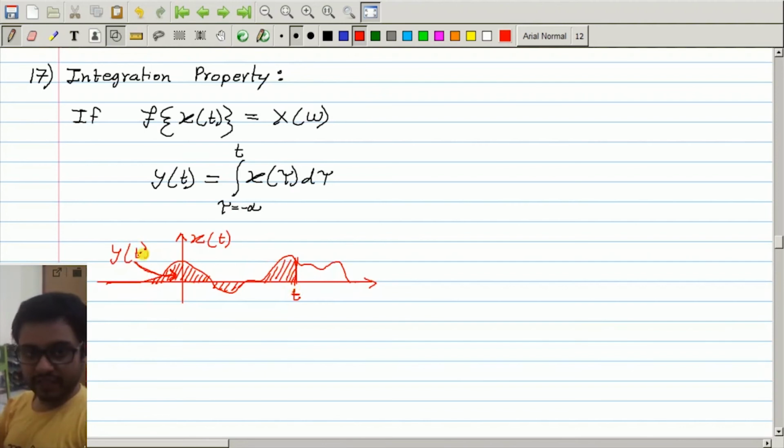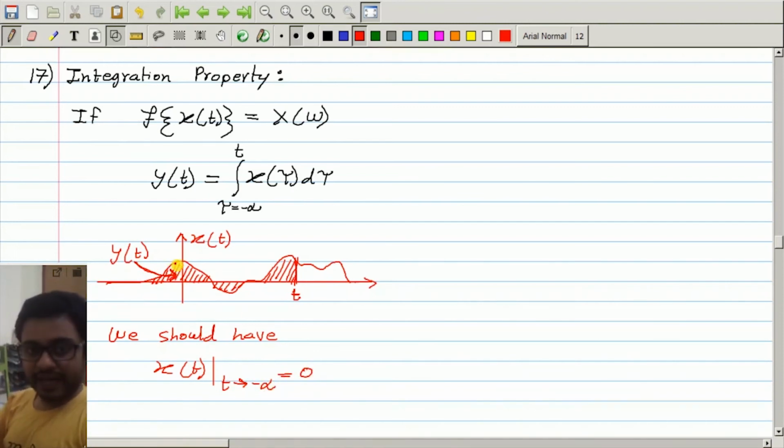Now for this integration to be well defined, we should better have the value of x(t) at t tending to minus infinity equal to 0.